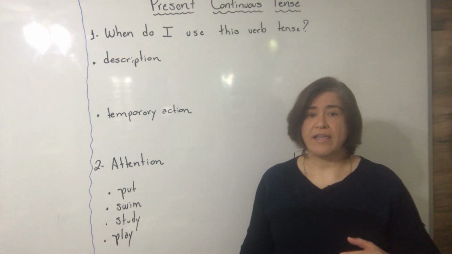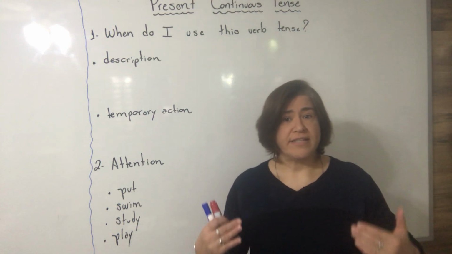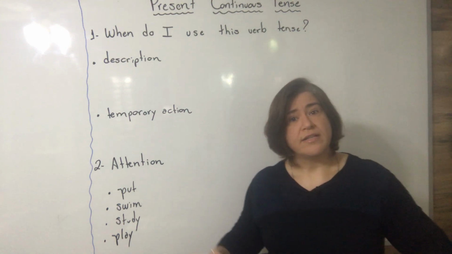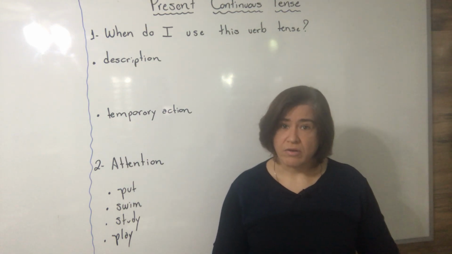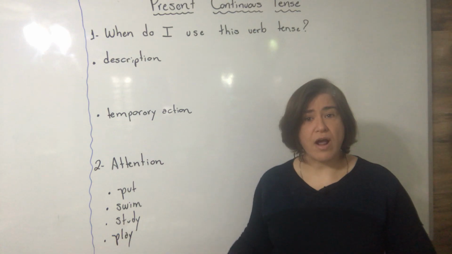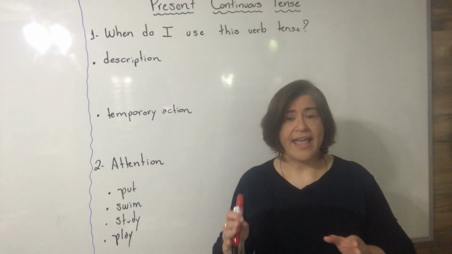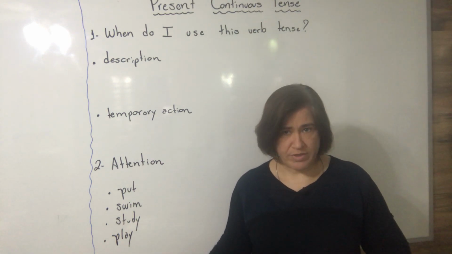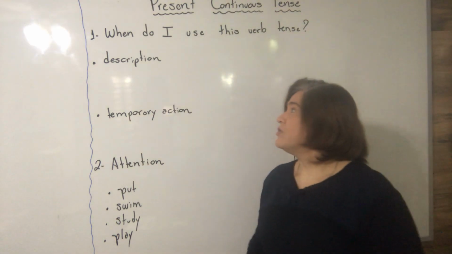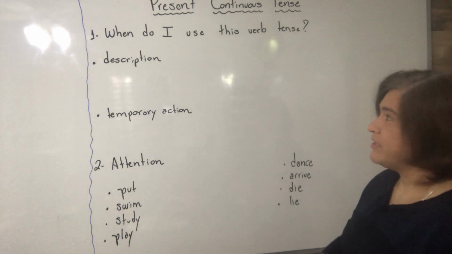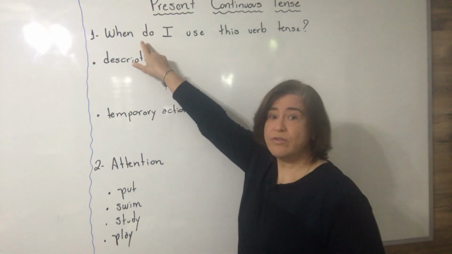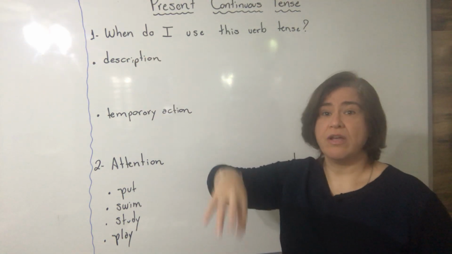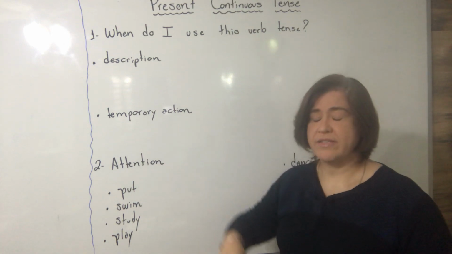Right now I am wearing a basic t-shirt, some pants and sneakers. Okay, so you are describing your clothes at this moment. So in present continuous we use it for description. Okay, so when do I use it? For description of the present moment.